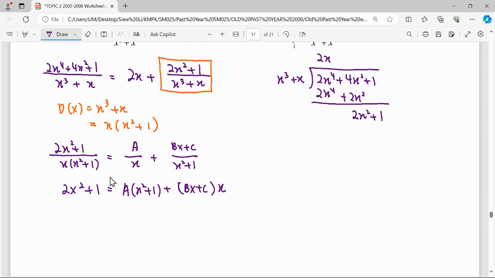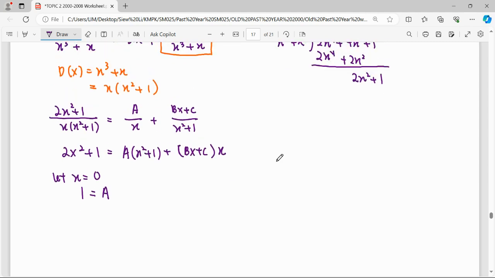Then for the next, we can let x equal to 0, as we can see one root here. When x equals 0, it gives us 1, which is A. Then to find b and c, we would need to substitute twice, but that would give us a simultaneous equation.